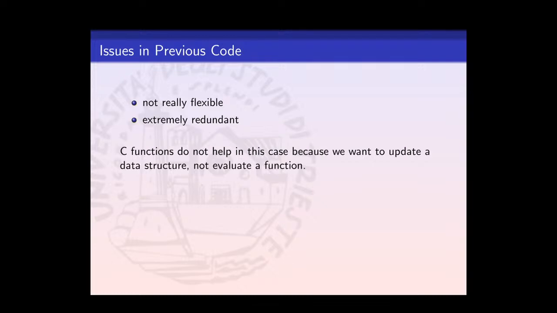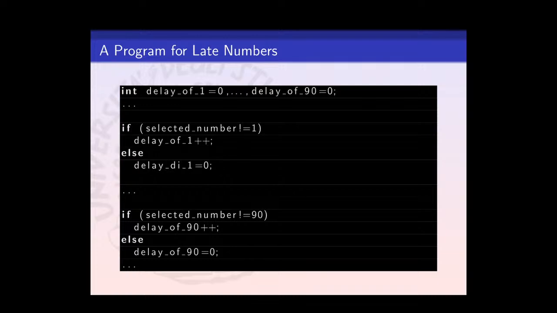So if you go back to our awful code, you see that each if condition will correspond to an update in the content of the variable associated to the if condition.